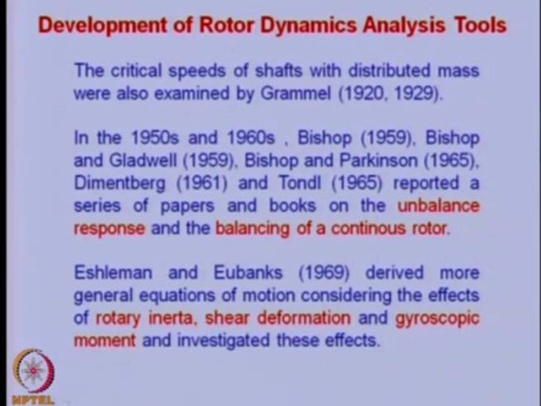In the 1950s and 1960s, Bishop and his co-workers like Parkinson, Gladwell, along with Dimentberg, Tondl, reported a series of papers and books on unbalanced response and the balancing of continuous rotors.